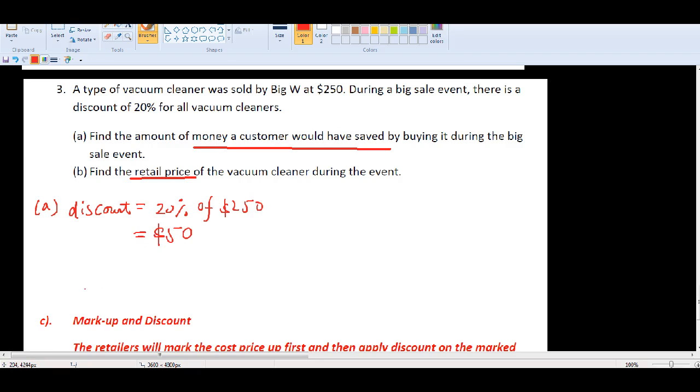So therefore we know that the customer would have saved $50. Alright, then we're going to find the retail price.